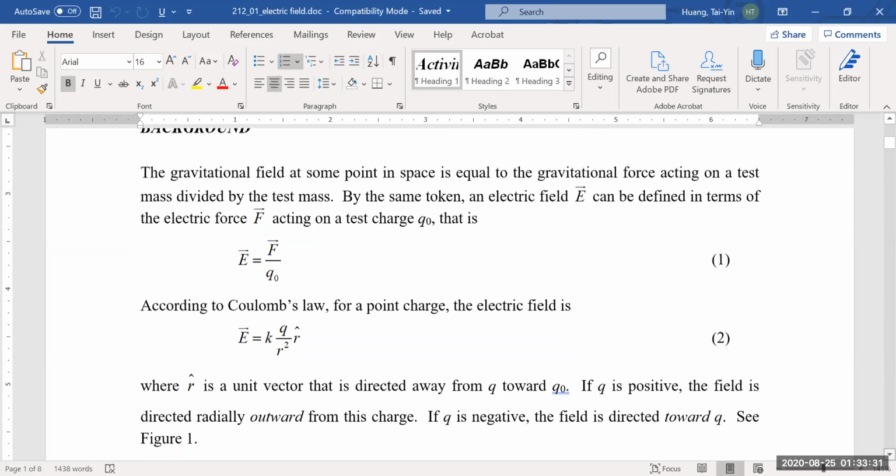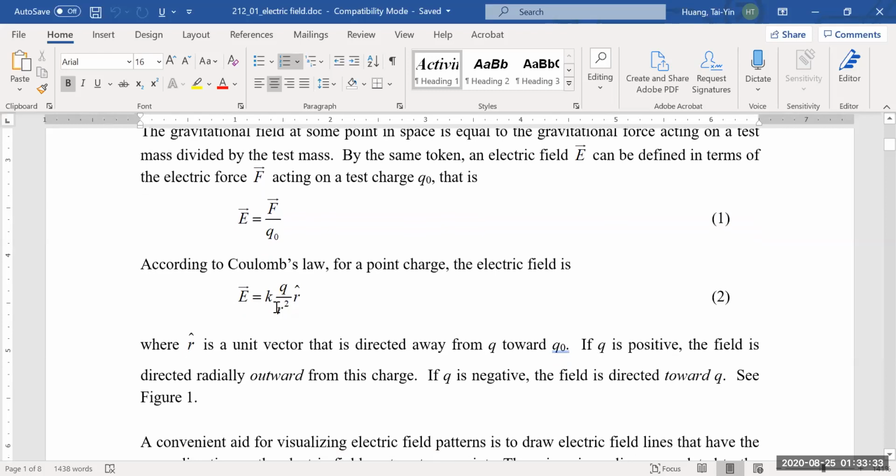So after you figure that in, then the equation for the electric field that is produced by a single charge can be expressed by equation 2, and K here is a constant, and the Q is the magnitude of the charge. It can be positive or it can be negative, and R is the separation between the point charge and the field point.